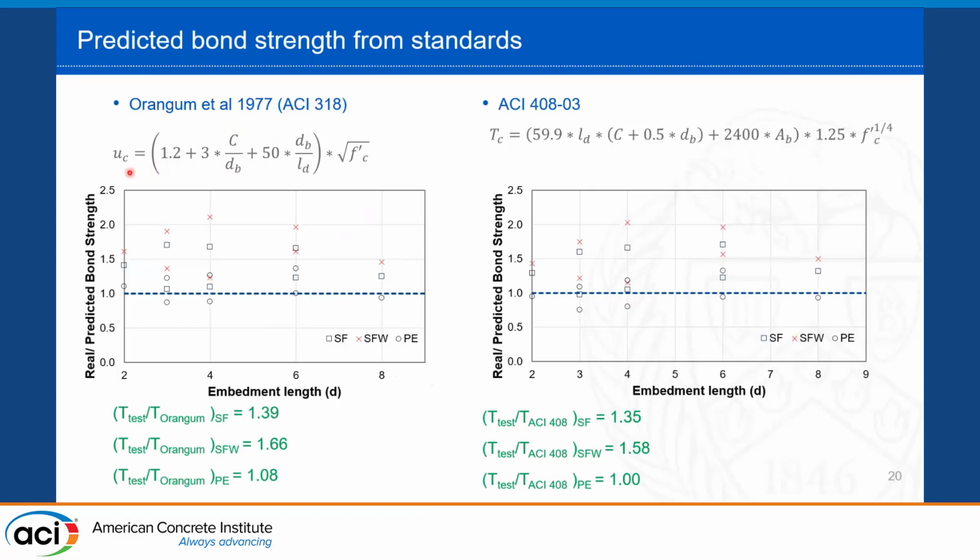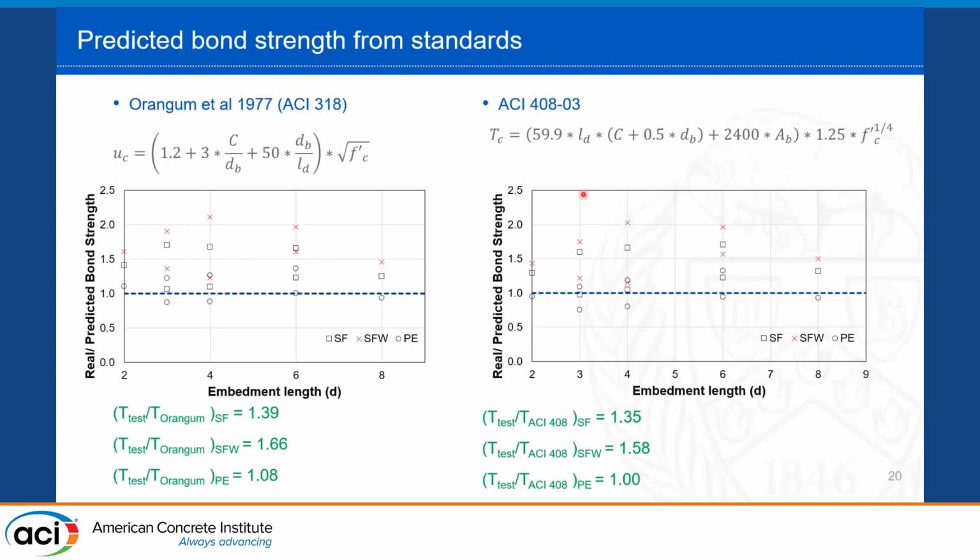So I have used this equation to determine the predicted strength for different configurations, and then I compared the ratio of the real strength that I got from the test divided by this predicted strength for different embedment length for the 3 materials. So you see here, most of the points lie much higher than 1. The average values of different materials are shown here. The highest average one is for SFW, and the lowest one is for PE in this case.